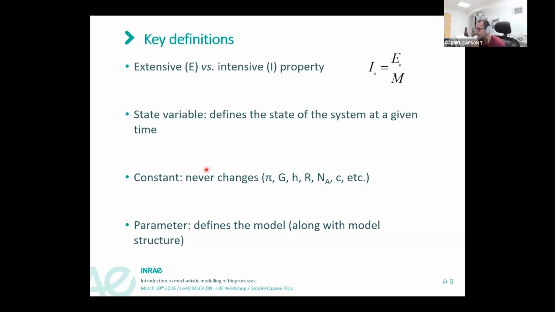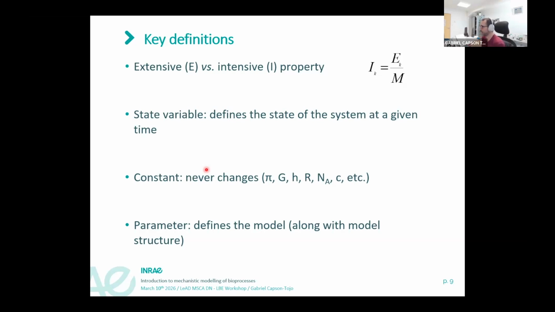So first is the difference between an extensive and an intensive property. An extensive property depends on the size of your system, okay? For example, mass. If you have a given mass and you increase the size of your system, you can have more mass.